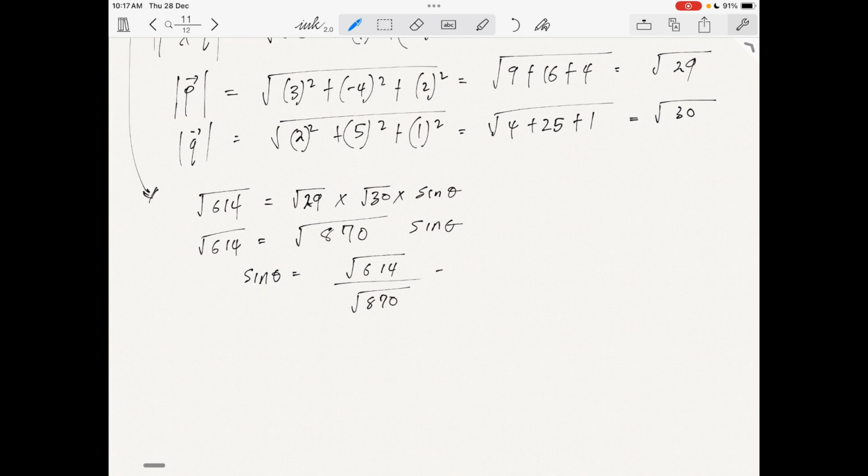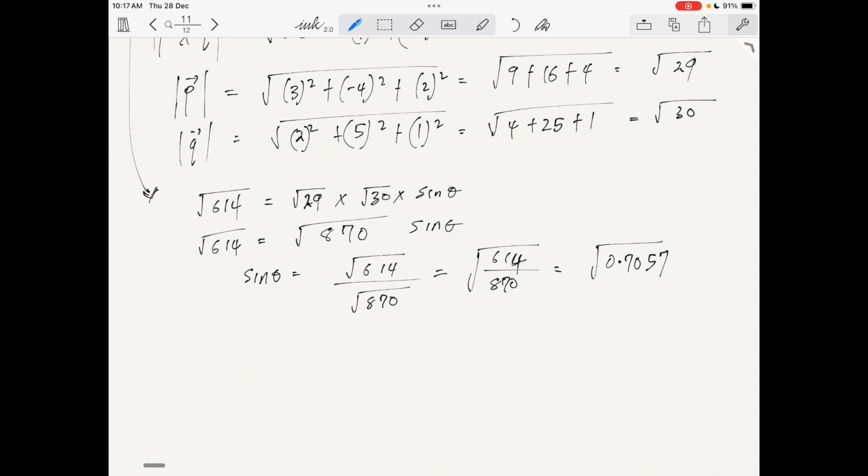Now we can apply the square root principle. So 614 divided by 870 gives us 0.7057, and we take the square root of that.